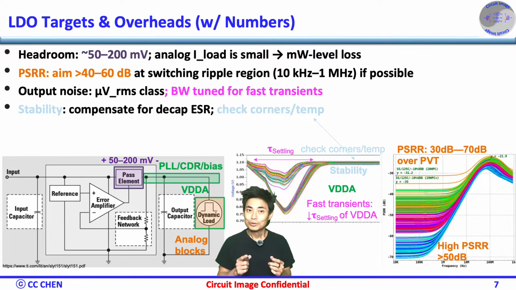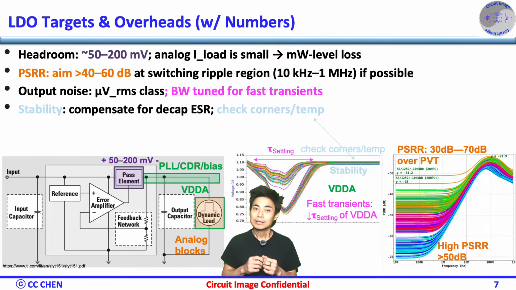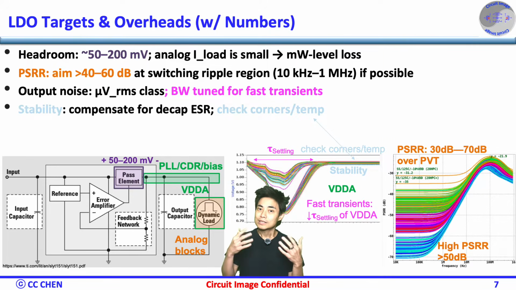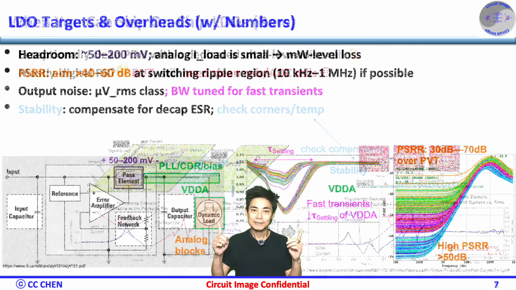In return, we aim for a PSRR greater than 40 to 60 dB, especially in the range where switching noise is dominant. This gives us a microvolt-level clean supply, which is the key to achieving a stable, high-performance link.